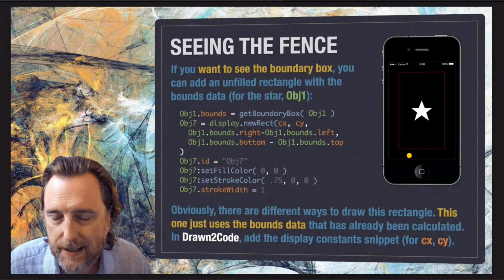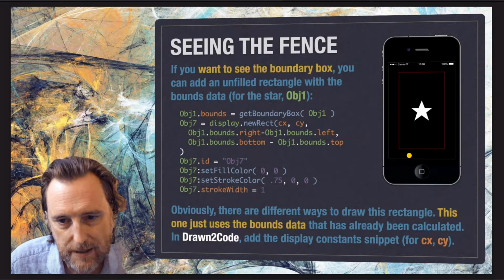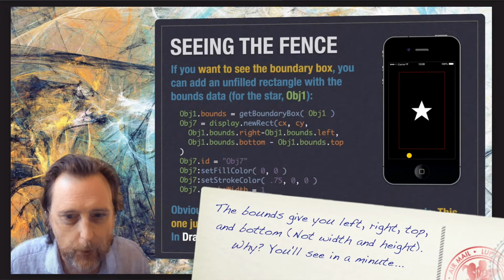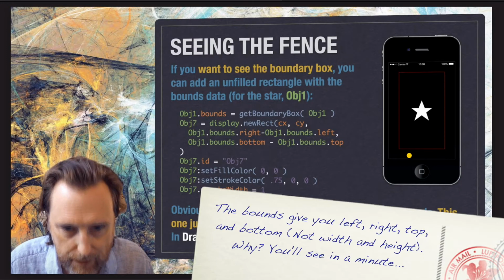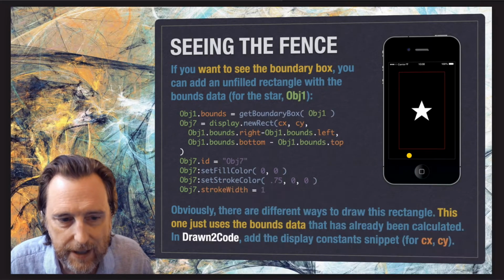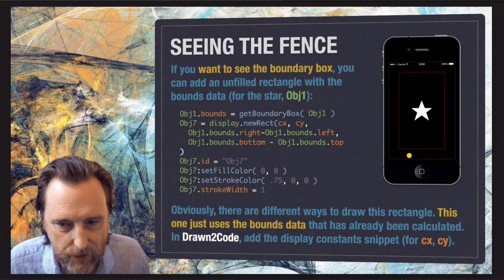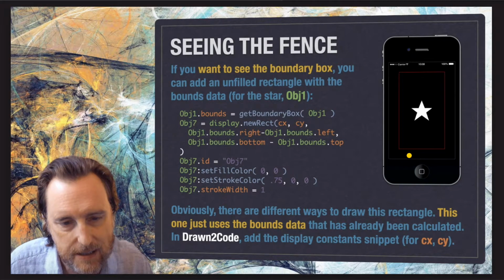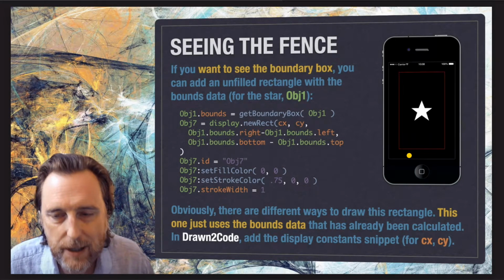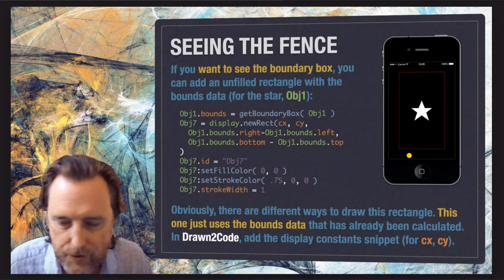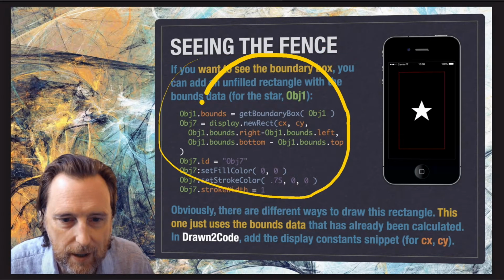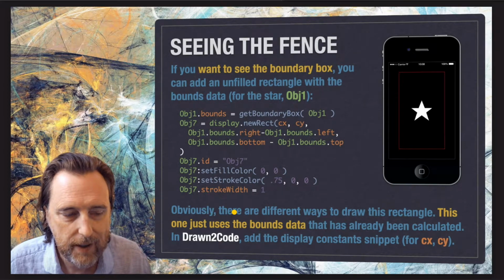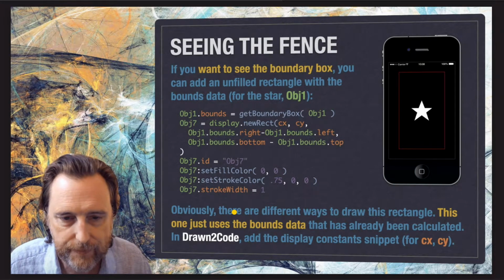In the bounds data, we have the left and the right edges, but not the width, and the top and the bottom edges, but not the height. So we have to do a little bit of math to calculate the data needed to create a rectangle display object in Solar2D. I say all that just because it probably seems more involved than you might expect.